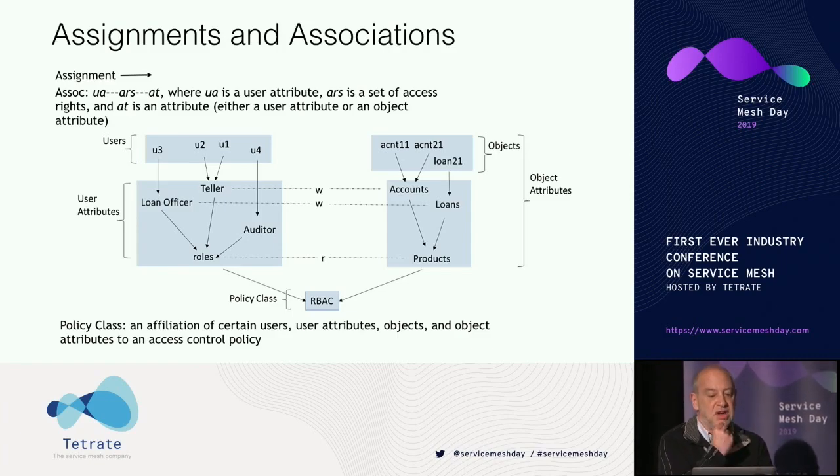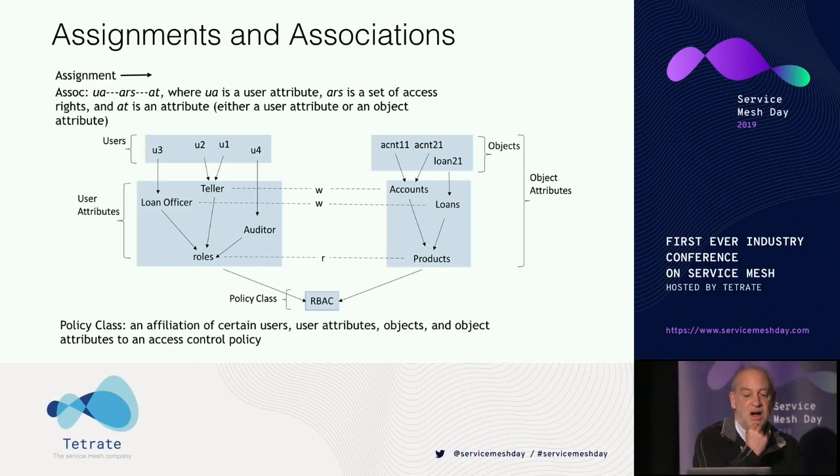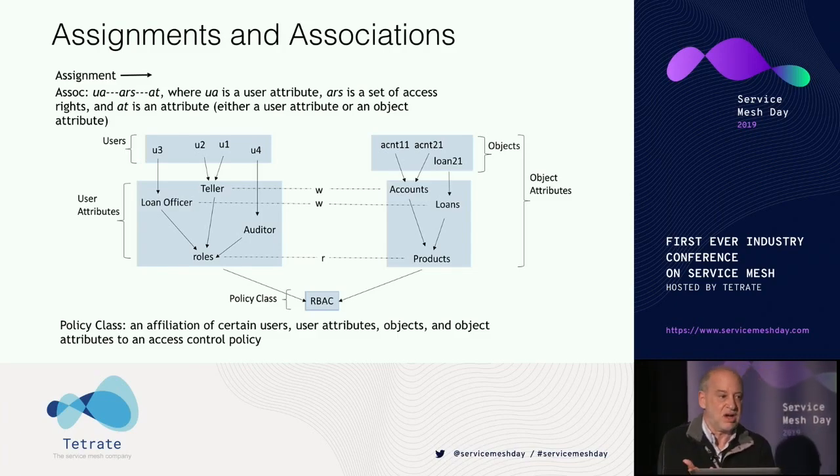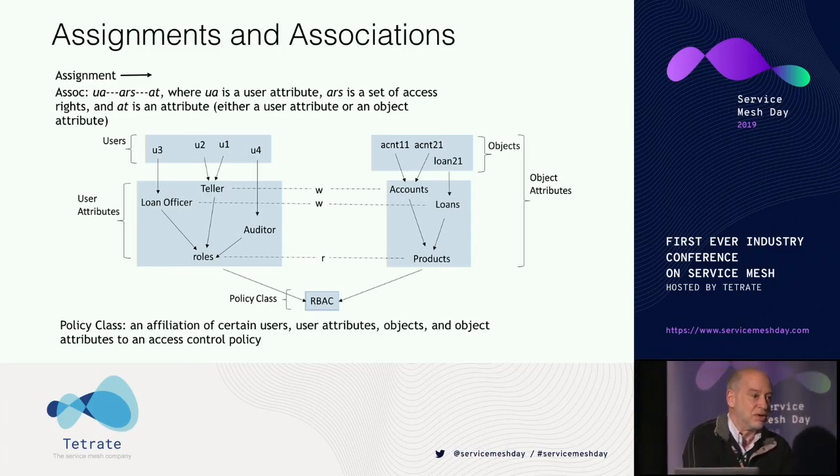On the object side, we have object attributes. And object attributes, again, characterize data in a variety of ways. That can be sensitivities like PII or confidential, but it can also represent your inbox or a row, a column.